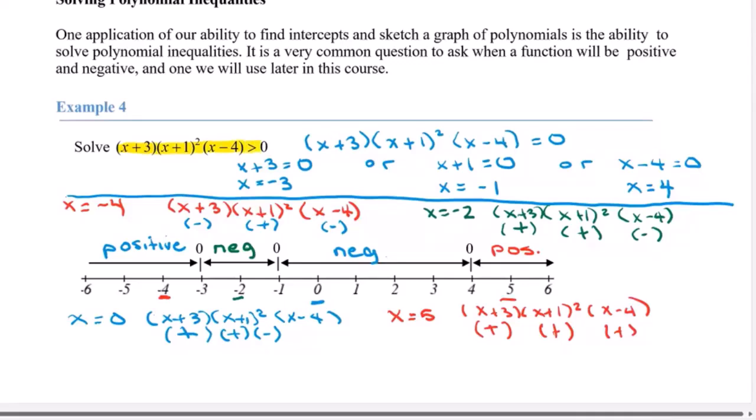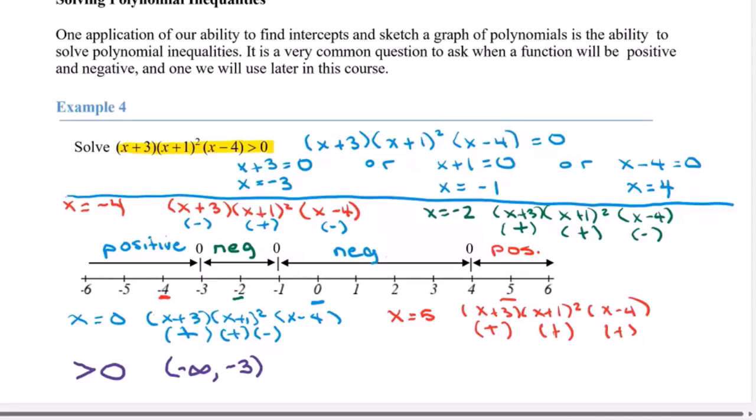When this is greater than 0, which means we want to know when it's positive. So our polynomial is greater than 0 when it's positive. So from -infinity up to -3, not including -3.